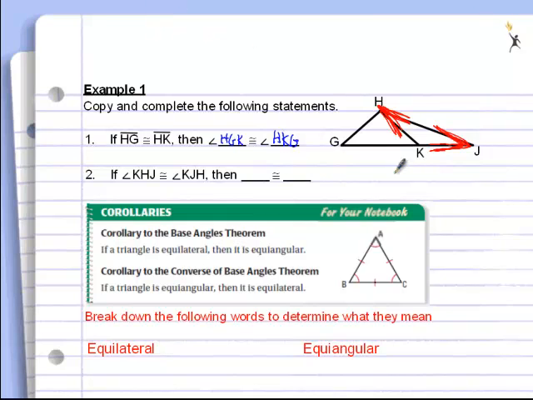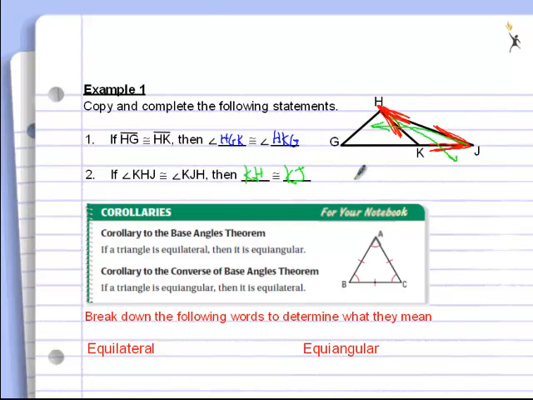And it's the exact opposite of what we just did. If two base angles are congruent, then the sides opposite them are congruent. So we have KH and KJ. Very simple stuff. Not too tough.